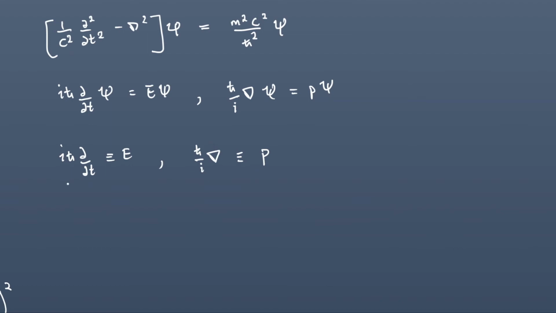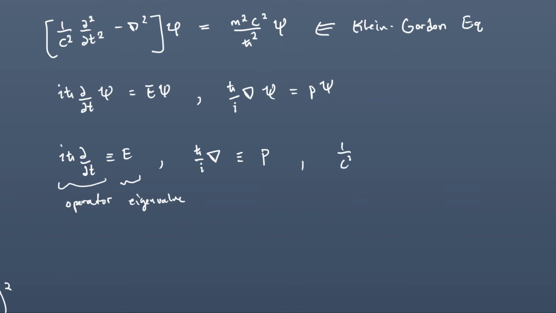This is the operator, and this is the eigenvalue of the operator. Same thing here, operator with its eigenvalue. Now we have this operator from the Klein Gordon equation.